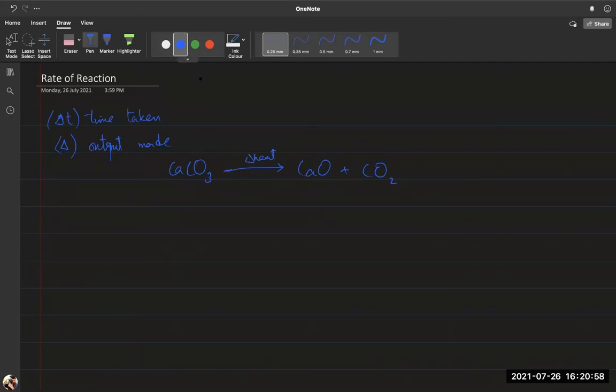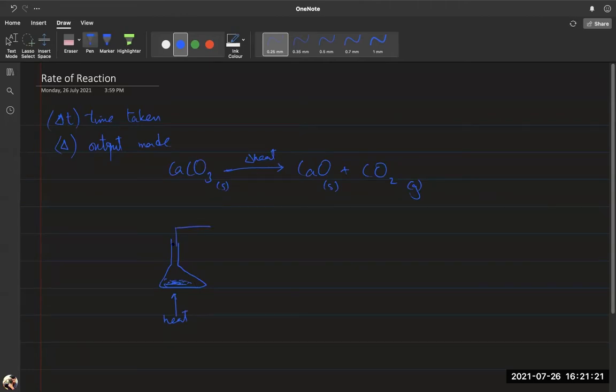So here what's happening is that you have this solid, and this is the gas. So obviously gas is being given off, and you can collect the gas. You can do this reaction in a way that you have a conical flask, and in that flask you have this calcium carbonate powder, and you're heating it. When you heat it, some gas will be evolved.